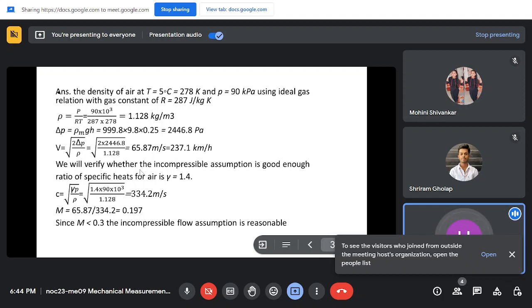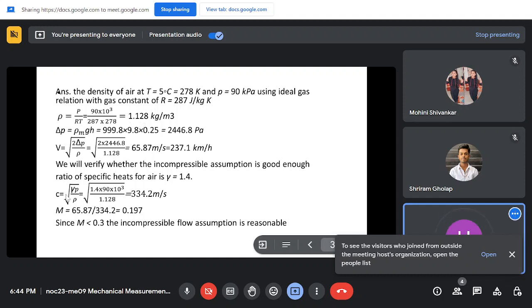In this case, the ratio of specific heats, Cp by Cv, is 1.4 for air, and the speed of sound is root of gamma p by rho. You can use root of gamma RT also. So gamma is 1.4, you know the pressure, and we also know the density, which we have already calculated.